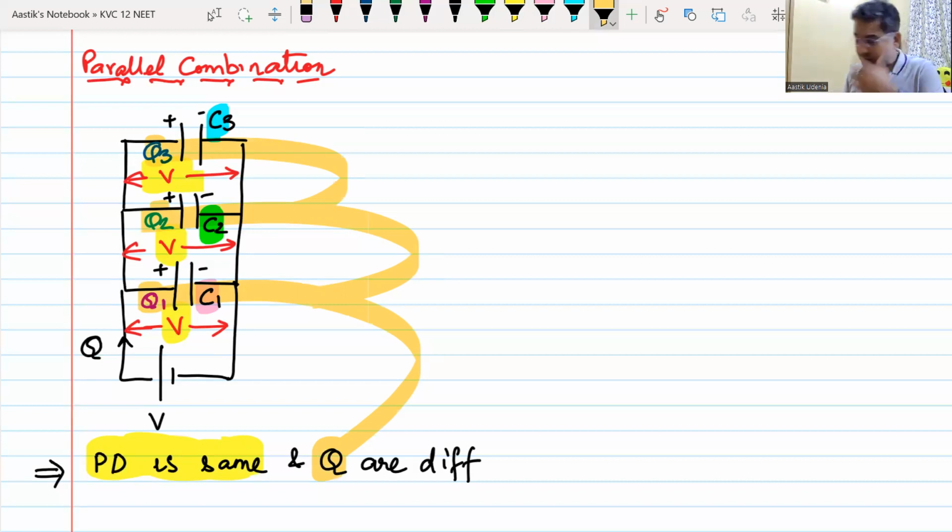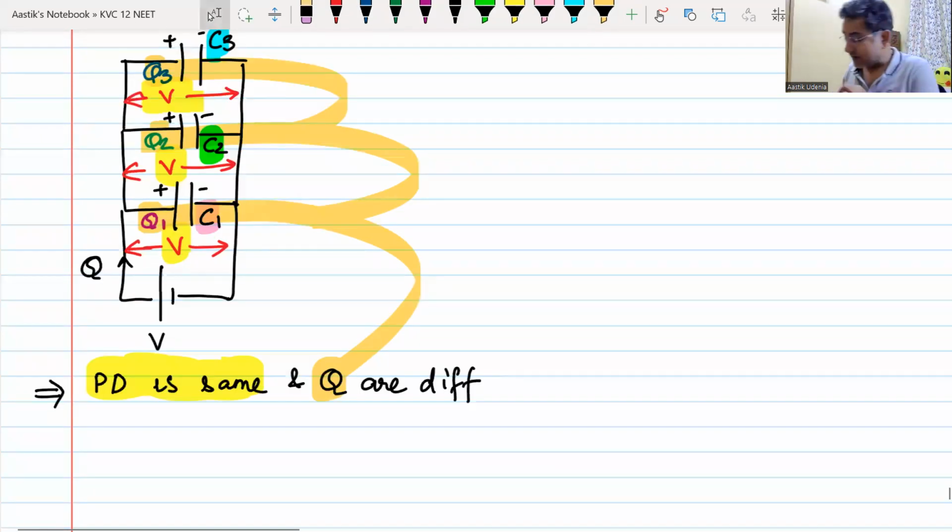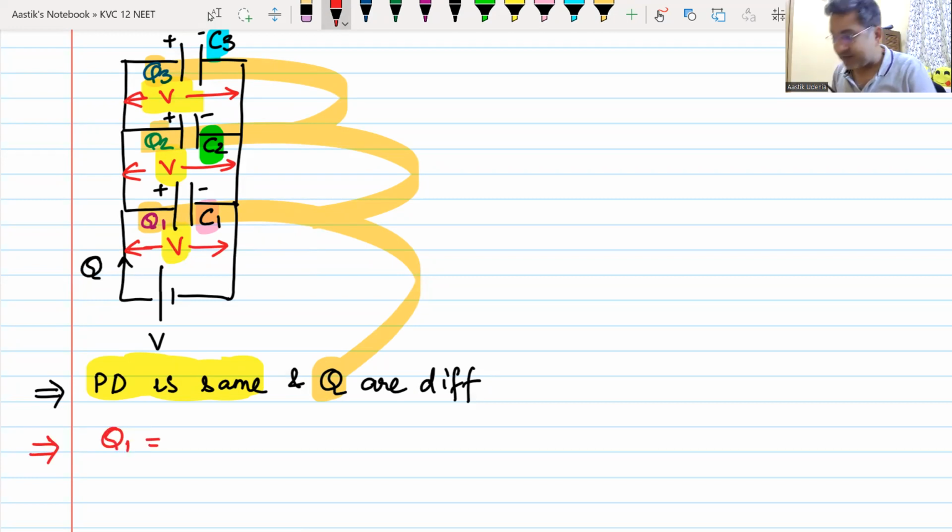Now, my dear friends, I can write the value of Q1, Q2, and Q3 also. If anyone can help me in writing the value of Q1, Q2, and Q3, I would be very glad. How can I write the value of Q1? No one?